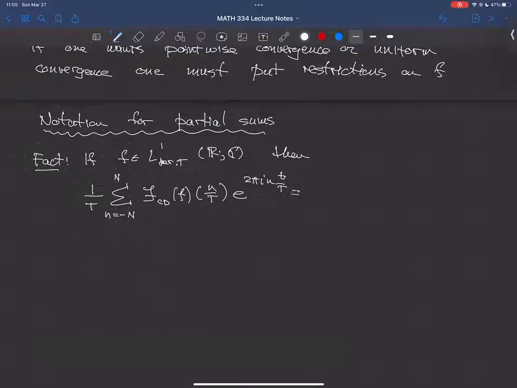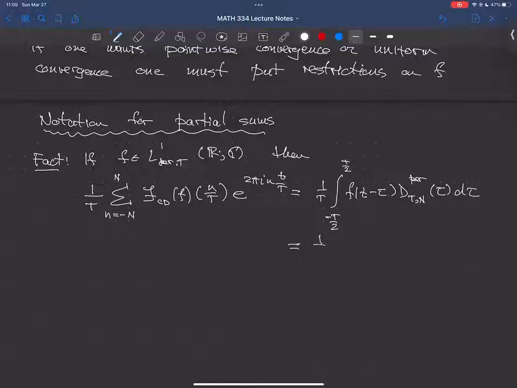The formula that we get out of this is that this is the integral from minus T over 2 to T over 2, and you get a factor of 1 over T here, of F of T minus tau times D per Tn, and that's the Dirichlet kernel that we've talked about before.